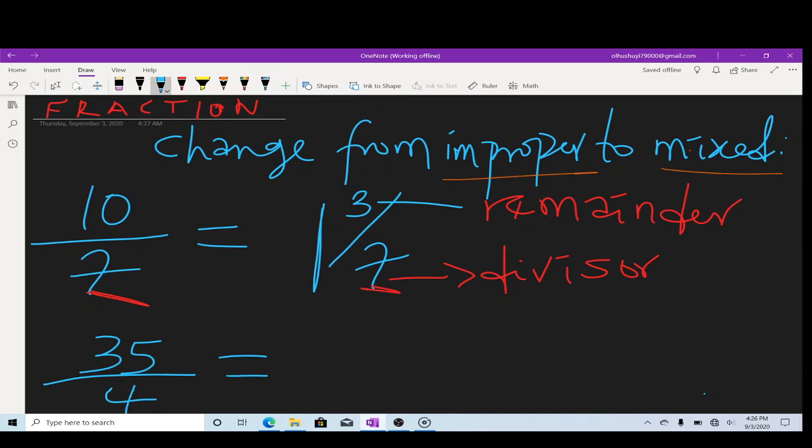You check with the help of your multiplication table. You see 4 in 35. How many times do you see a 4 in 35? That will be 8.